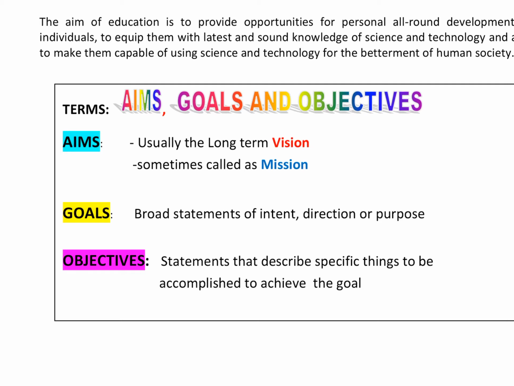Vision means a desired future position, or the ability to think about or plan the future with imagination or wisdom, mostly with wisdom. A mission is an important assignment given to a person or group of people for the completion of a particular task.